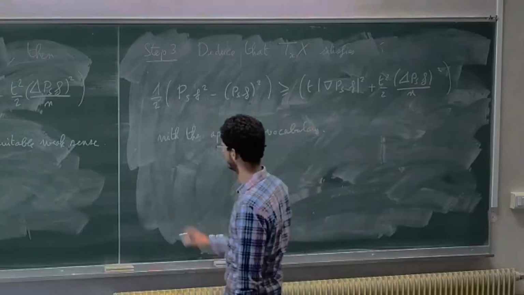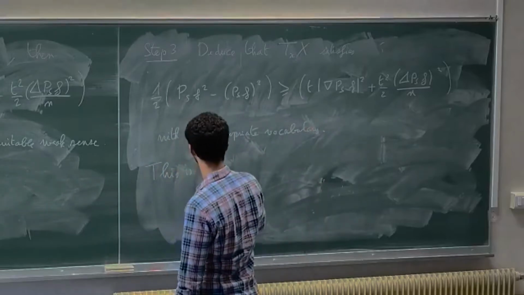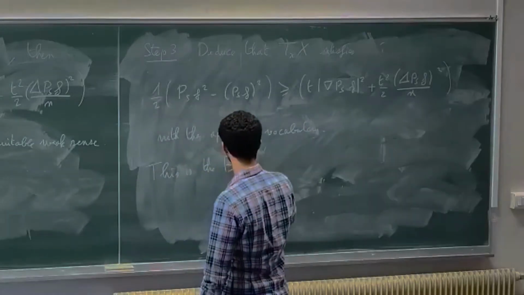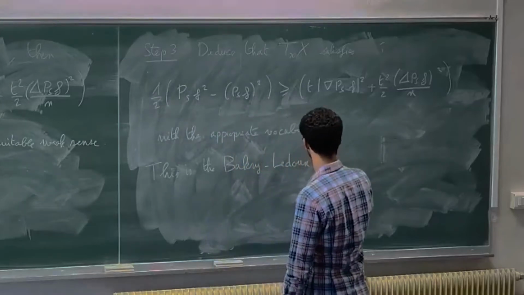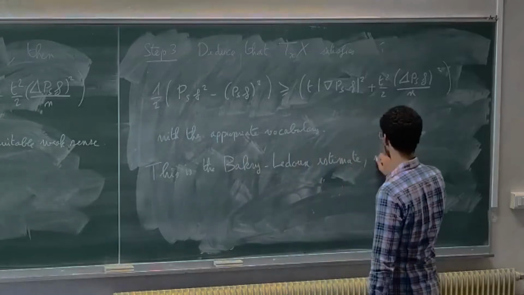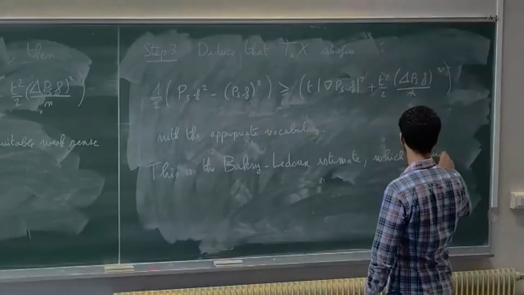And as I said, this is the so-called Bakry-Ledoux estimate, which is equivalent to the RCD(0,N) condition.